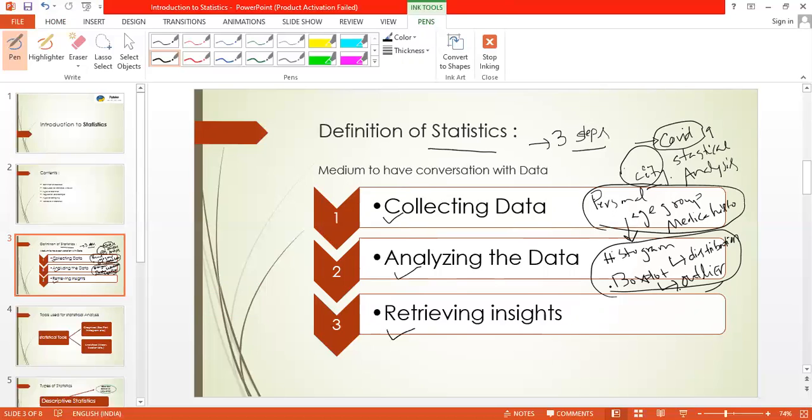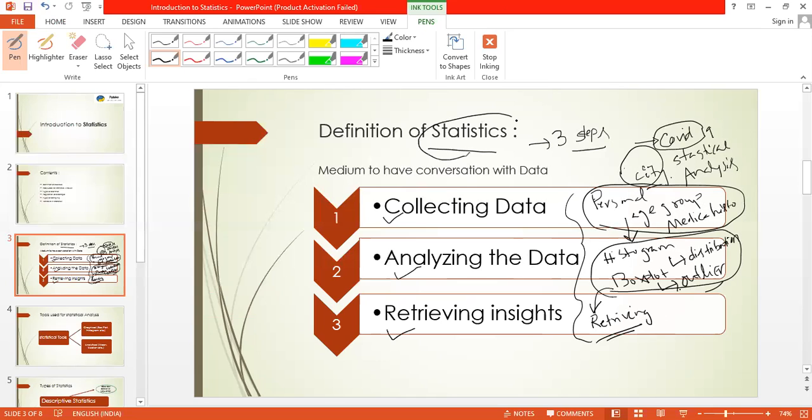By using those tools, we can retrieve some information from the data. All this process is collectively known as statistics.